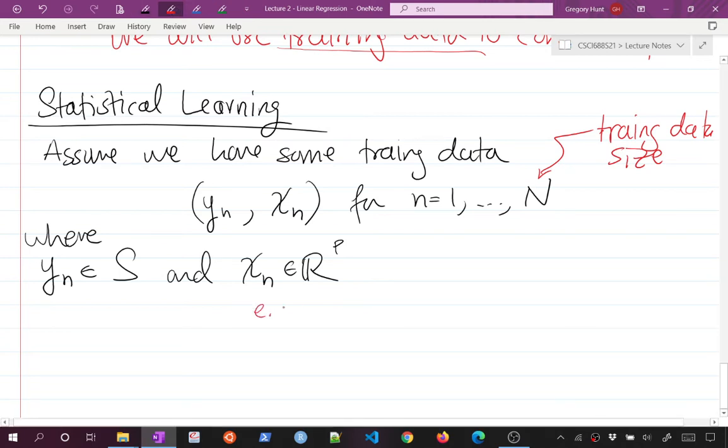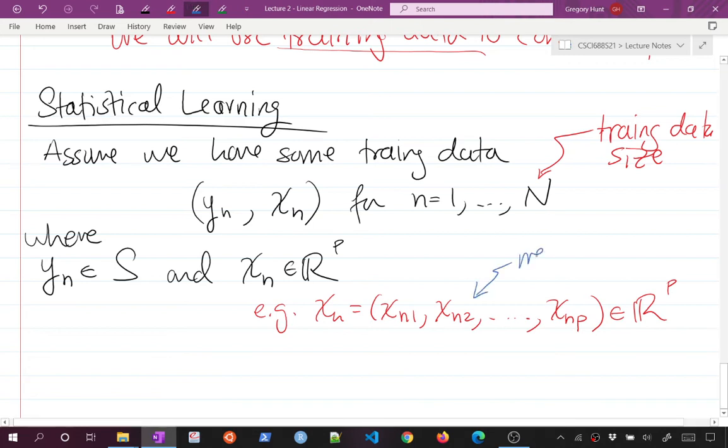So for example, xn is xn1, xn2, dot dot dot, xnp. So for each of my x sub n's, this is a vector in R^p of components. So these are basically the measured variables, covariates, for the nth observation.